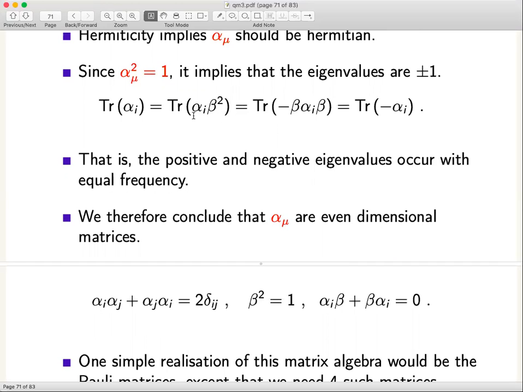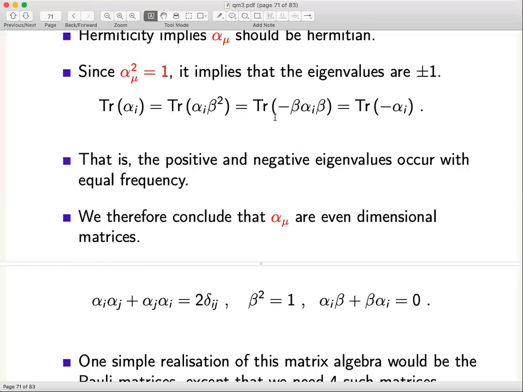Now we look at alpha I times beta and use the fact that alpha I times beta is equal to minus beta times alpha I. So I replace alpha I beta by minus beta alpha I and keep the second beta on the right hand side. Is that okay?